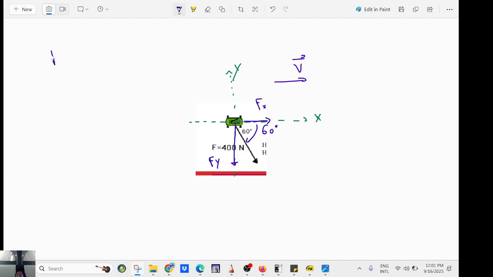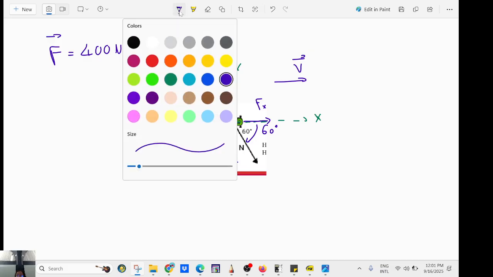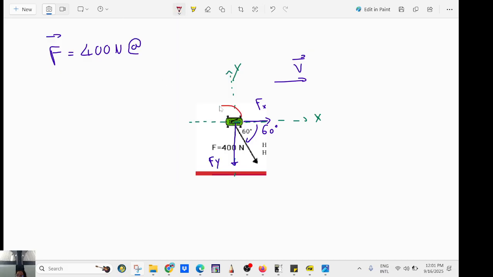Okay, so what's the standard notation? Quickly. The magnitude is 400 Newton at, so what you're right, that's 300, yes? 300. What's your name? Mark. 300, yes. Standard notation, that will be 300.